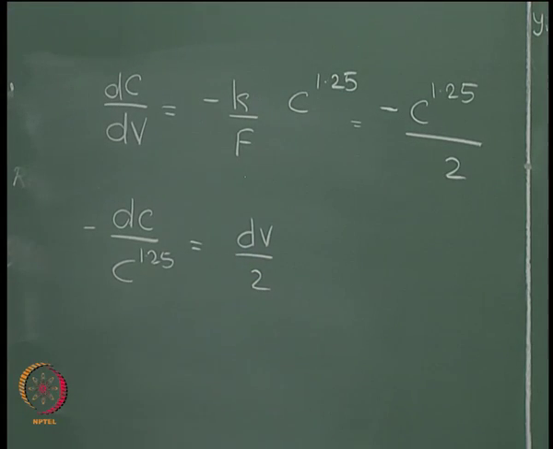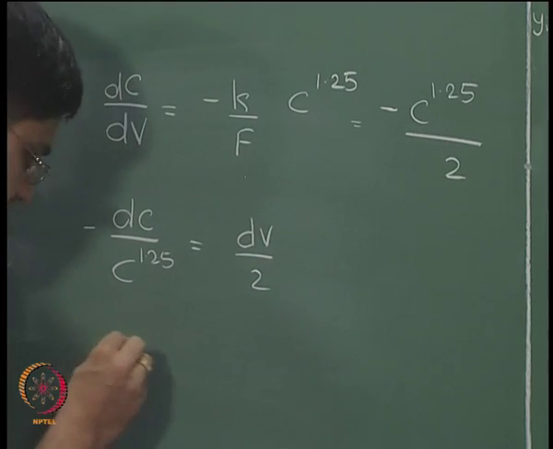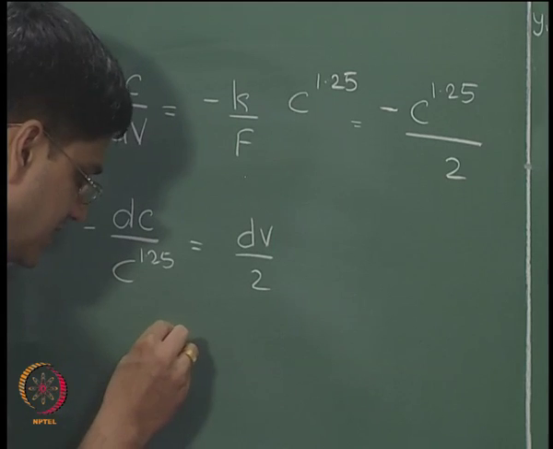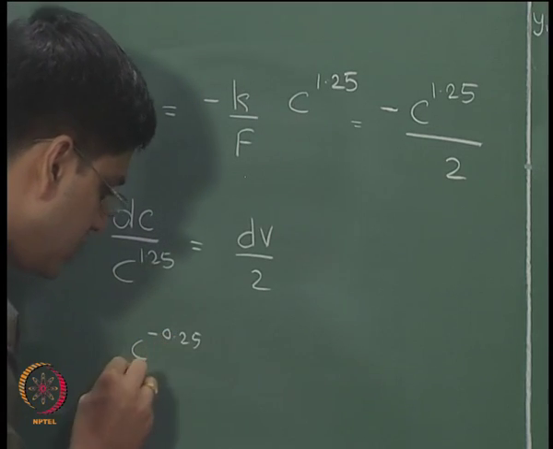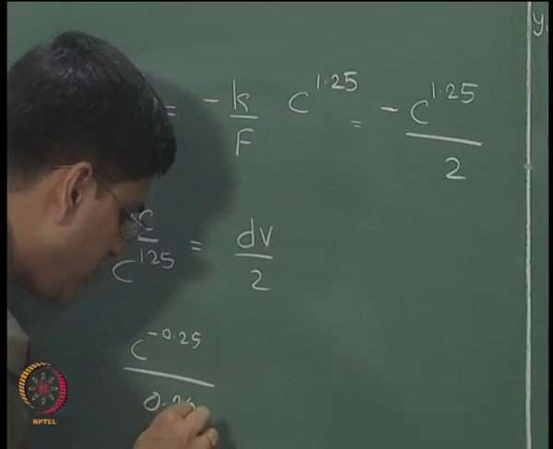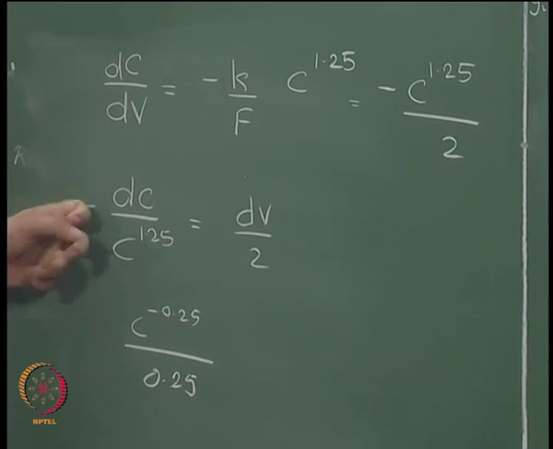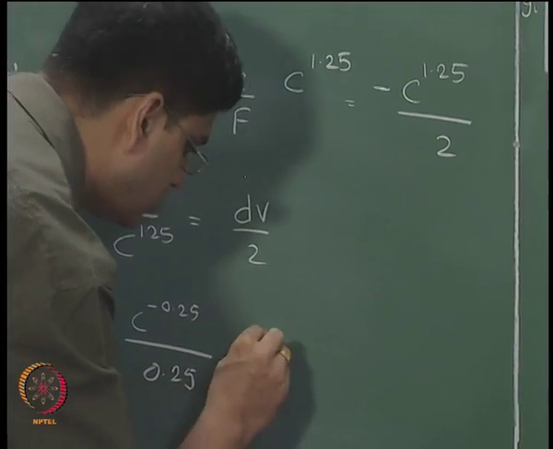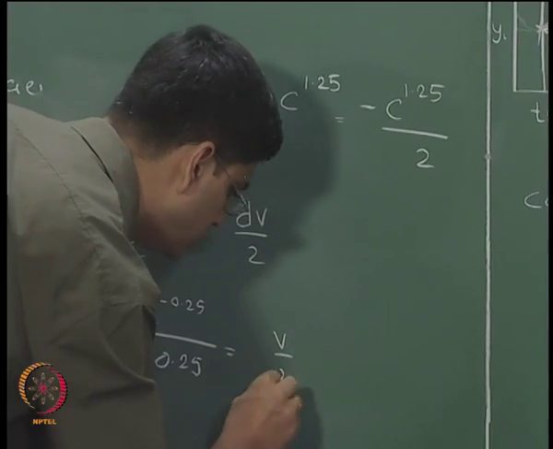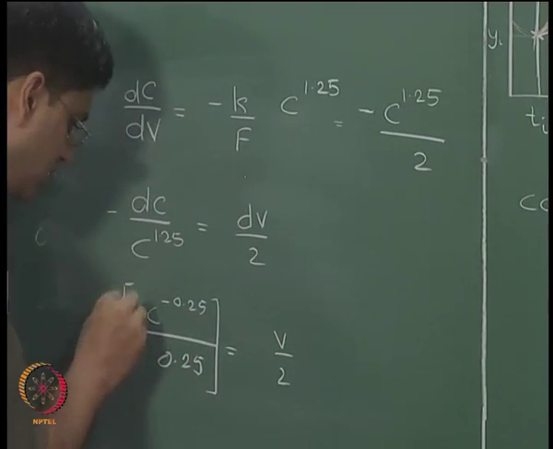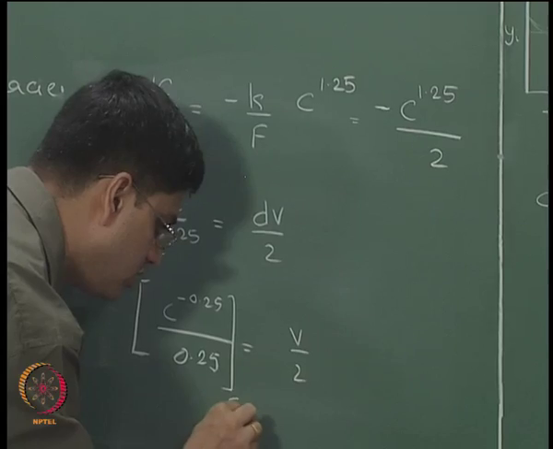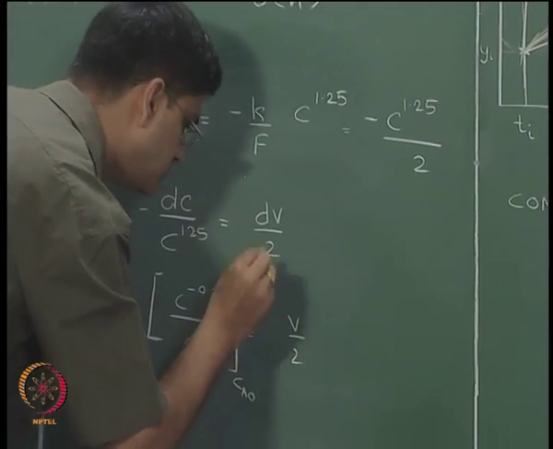And then when we are going to integrate this, we are going to get c to the power minus 0.25 divided by 0.25. Okay, there will be a minus sign over here and there is a minus sign over here, that is going to be equal to V by 2, and c going from Ca0 to the value Ca.